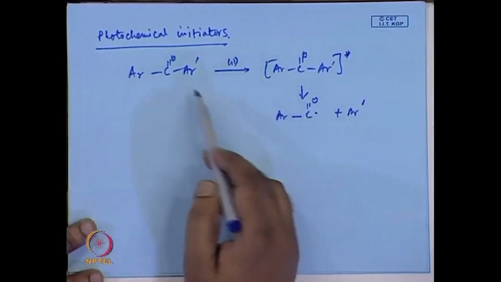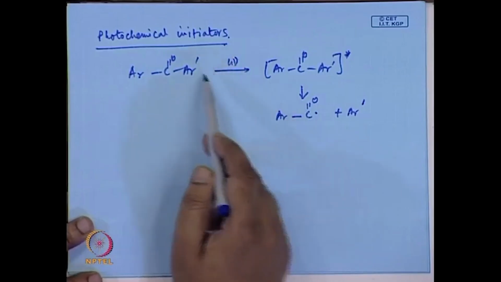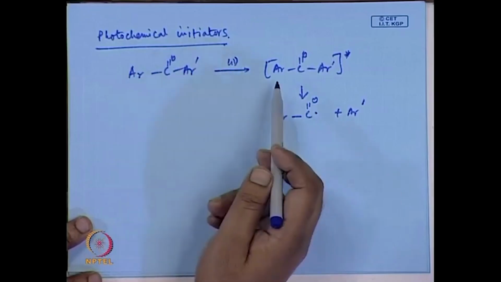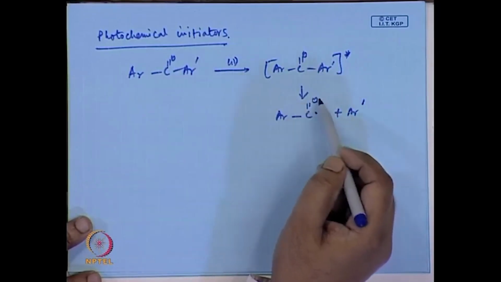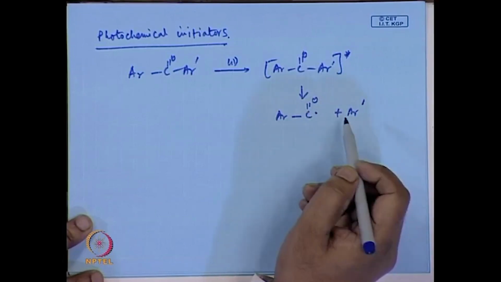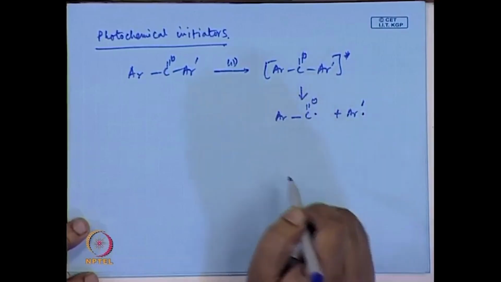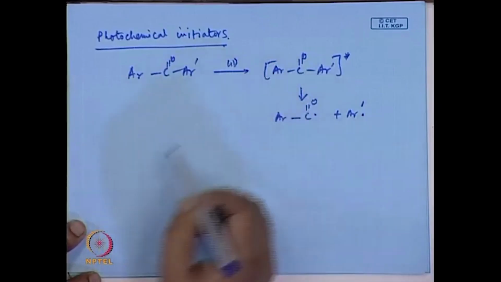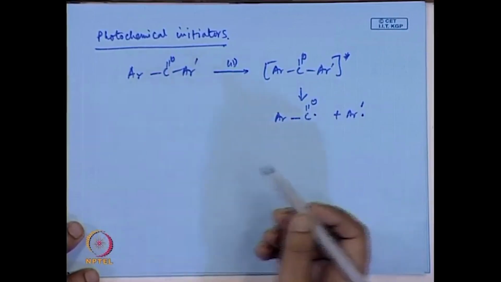In this case, on photo-irradiation, these molecules can absorb a photon and go to a higher excited state, which can dissociate to form a couple of radicals. Now, this can also react with or photosensitize another molecule.